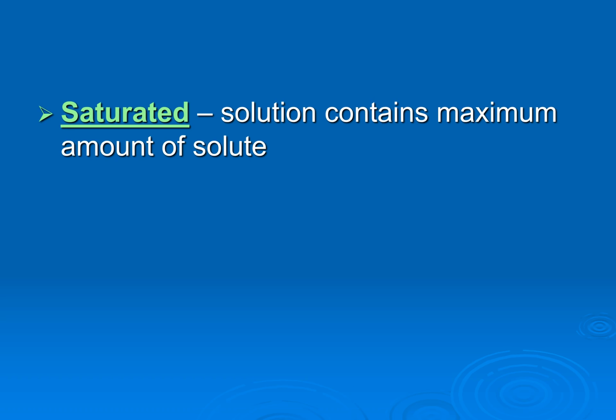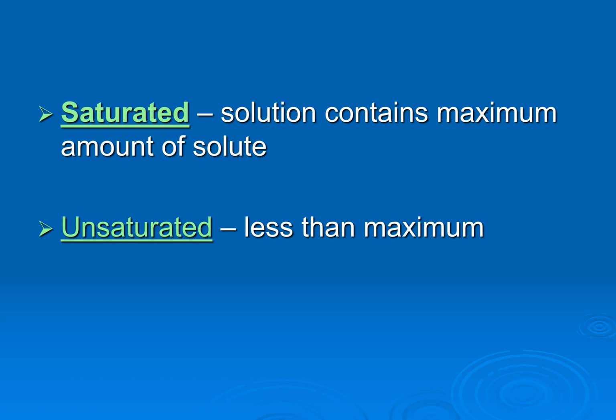So a saturated solution contains the maximum amount of solute. You're not going to be able to dissolve any more. If you have an unsaturated solution, that means that you have less than the maximum, so you're still able to dissolve solute.